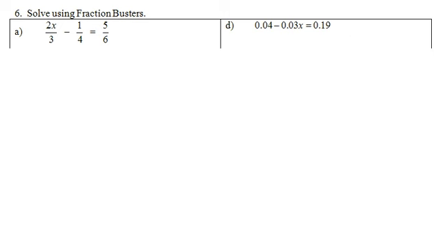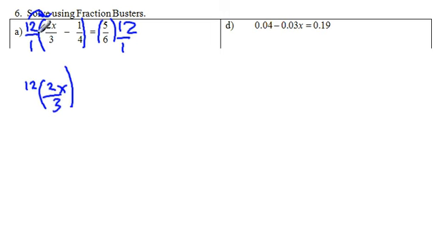And what we're going to do is multiply both sides of the equation by 12. In doing this, you'll see the fractions will end up clearing out. That's a good thing. So now, if it helps you, please write 12 as 12 over 1, because when you multiply, you're only multiplying the top of stuff, not the denominator. So now when we distribute 12 to this guy, 12 is getting multiplied to the 2x over 3.